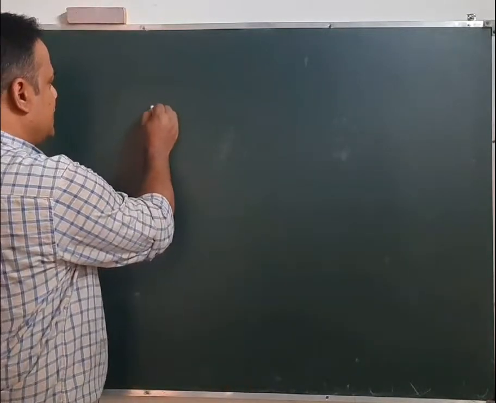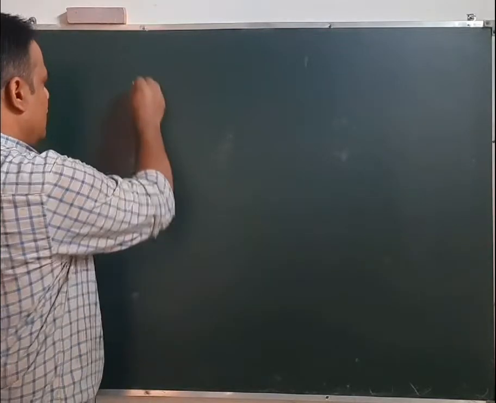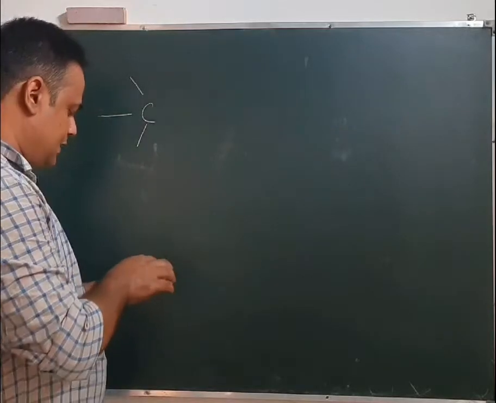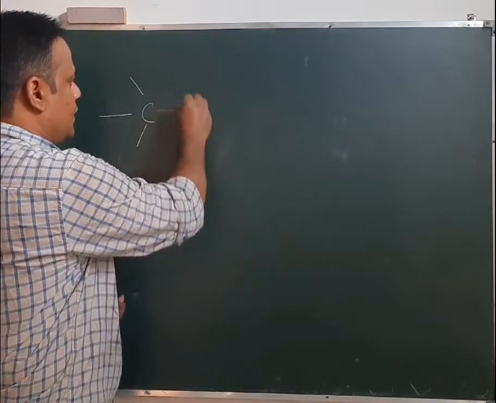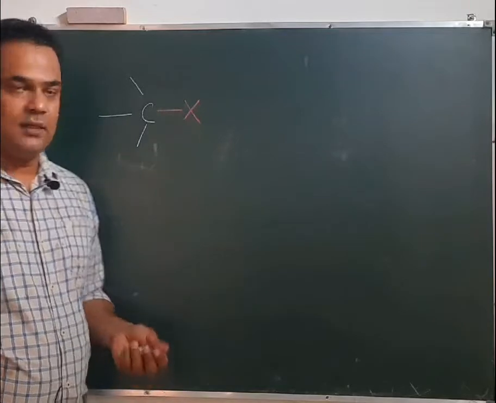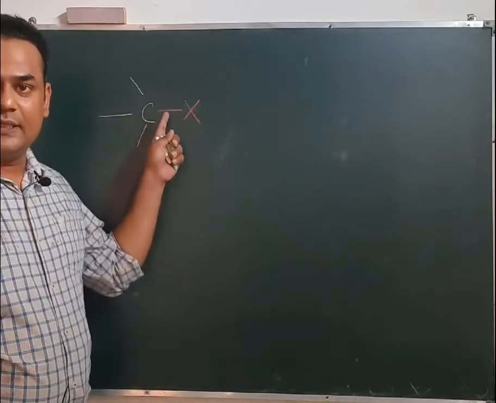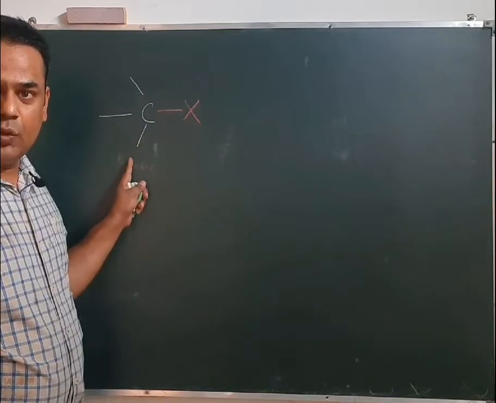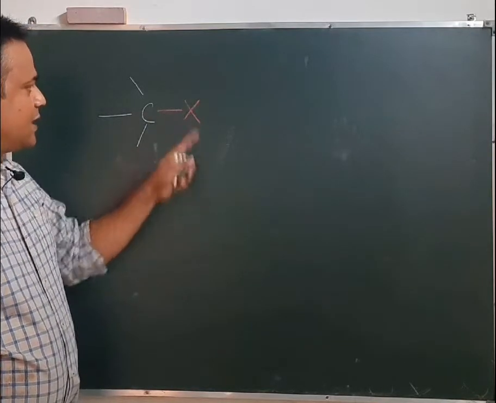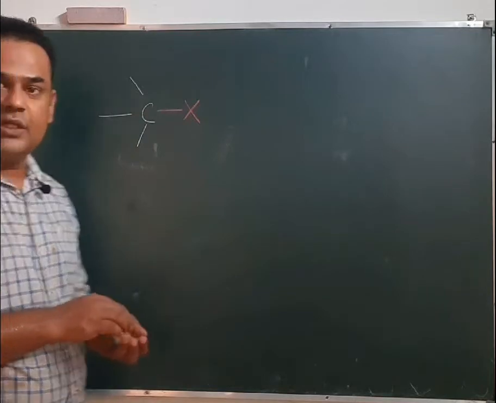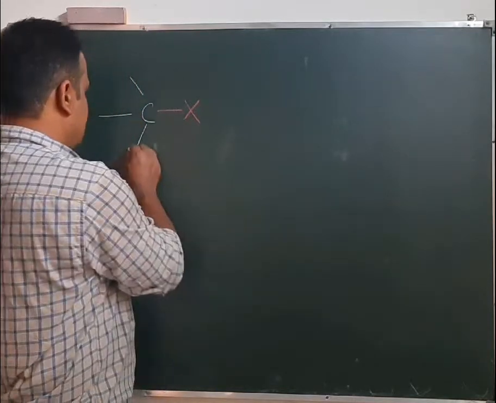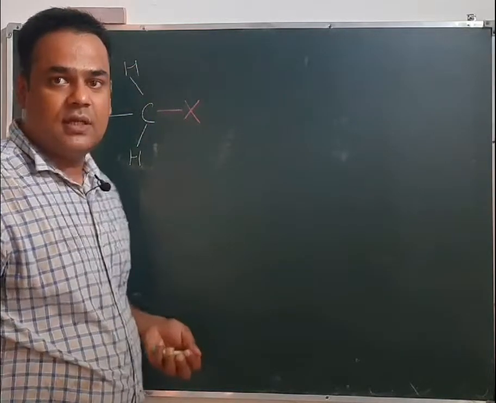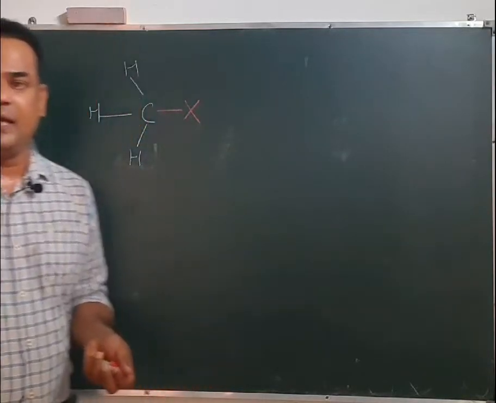If I write any alkyl halide, for example, suppose this one is our alkyl halide. In this alkyl halide, these are unoccupied valencies, meaning here maybe hydrogen, maybe other alkyl groups. When we react this, for simplicity, I specify this is hydrogen, hydrogen and hydrogen, meaning it is halomethane or methyl halide.